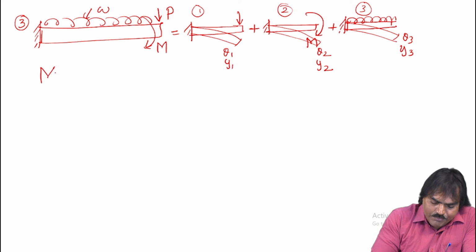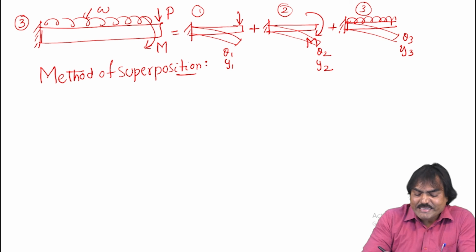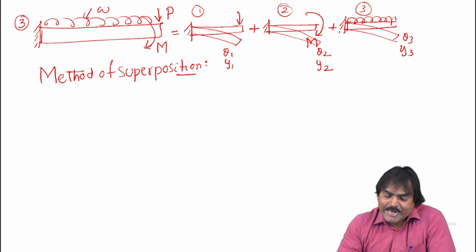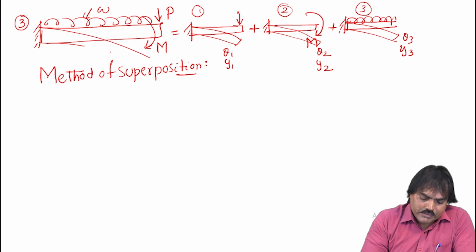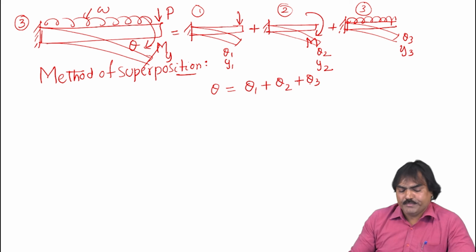So now the method of superposition states that when the structure is subjected to compound loads, the slopes, deflections and bending stresses can be added or subtracted at a particular location with a proper sign convention. That means if this is the structure, the resultant slope is theta and the deflection is y, the slope theta is given by theta 1 plus theta 2 plus theta 3.